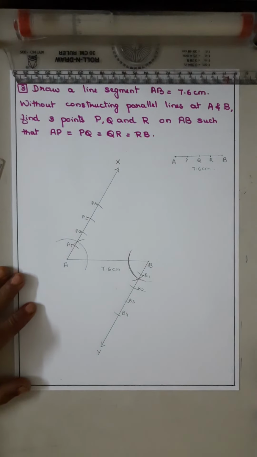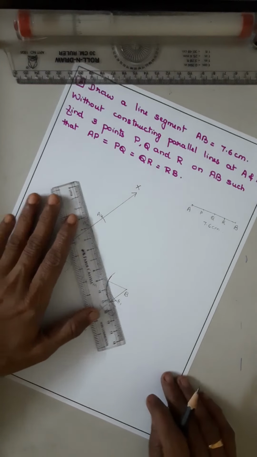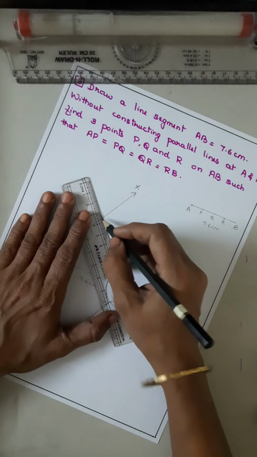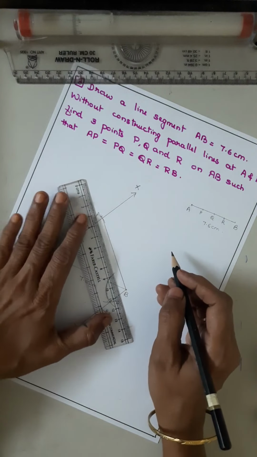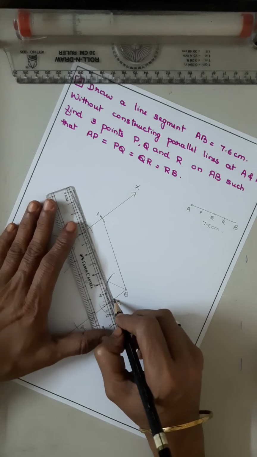And now we have to join. It is A4 and B1, and then you can draw dotted lines.